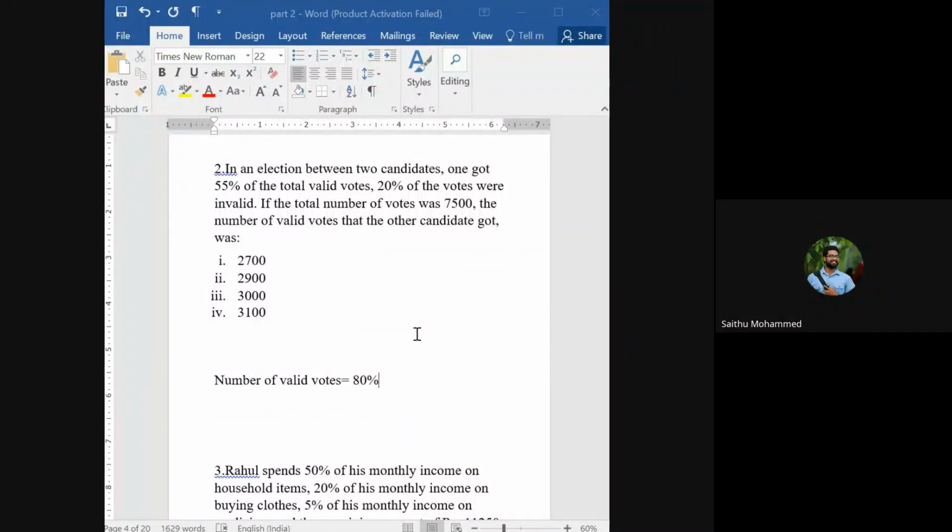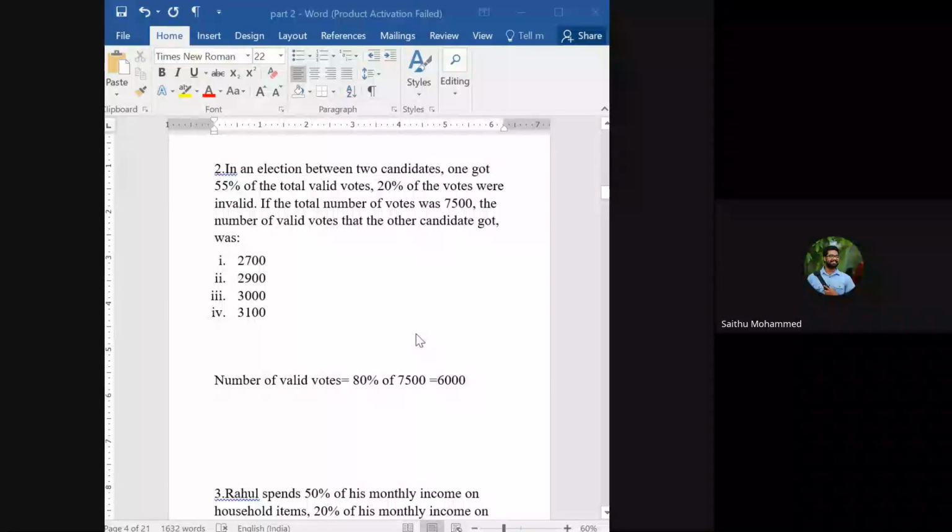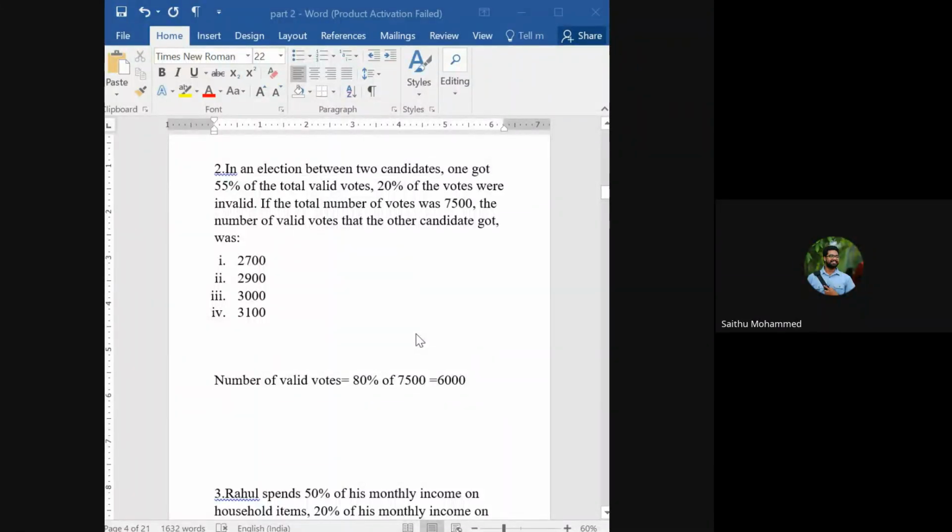So number of valid votes will be 80% of 7,500, and calculating easily, we can get 6,000. So first what we are finding is the number of valid votes polled. So 7,500 is the 100%, but 100% votes were not valid.